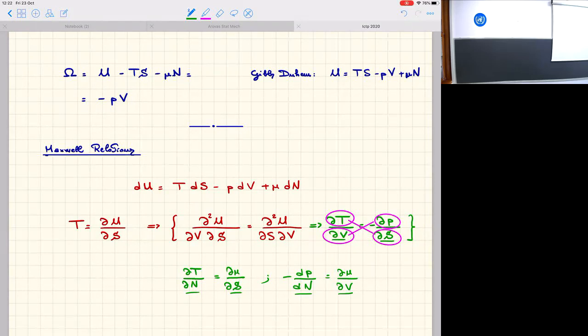Now you can have fun yourself and derive all the other Maxwell relations. The only thing you have to think about is the minus sign, whether there is a plus or a minus. In the denominator are the free variables: entropy, number of particles and volume.